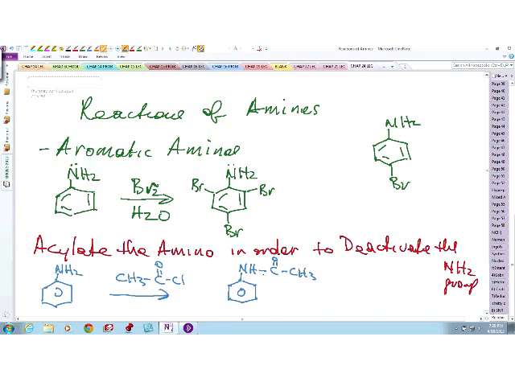Now, the point to be made: once you obtain this secondary amide, because of the resonance contribution from this carbonyl, drawing electrons away from this nitrogen, this group is no longer as activating as if it was just the amino group.